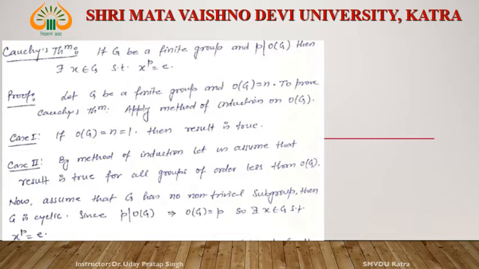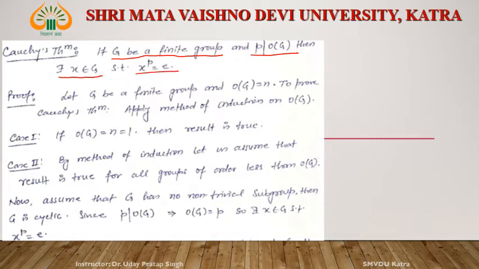What does it mean? G is a finite group and P divides the order of G. If P divides the order of G, then there exists an element, say x, in G such that x to the power P is identity. We have to prove it.